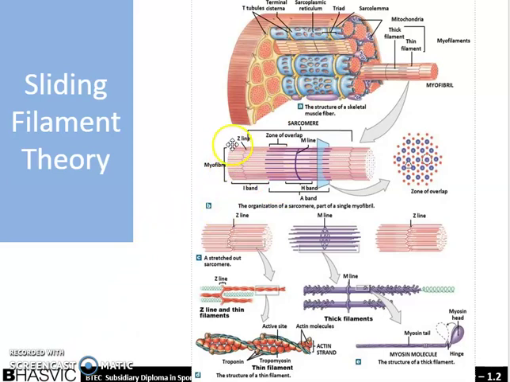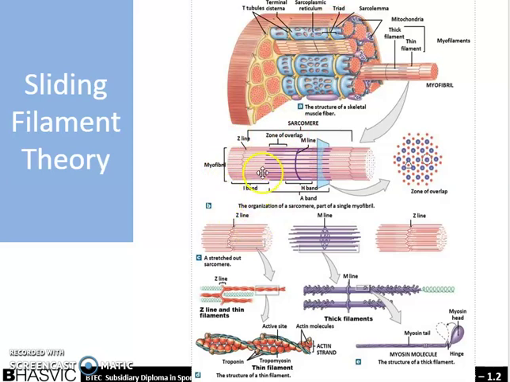So now we go to the myofibrils in the muscle fibers. There are hundreds and thousands in each fiber. Each myofiber has thousands. These are circled by the T-tubules that go around each fiber.